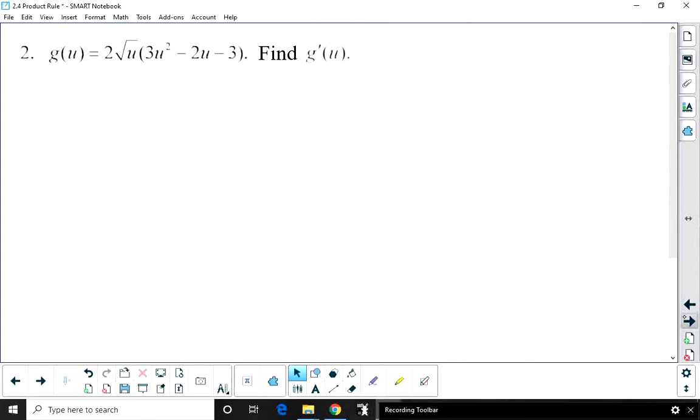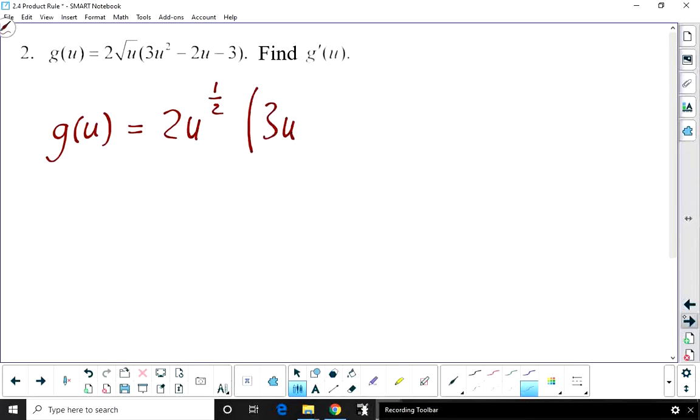Okay, number 2, if g of u equals 2 u to the half times 3u squared minus 2u minus 3, what's g prime of u? Well, there's nobody in the world with any real skills in math who would use the product rule here.